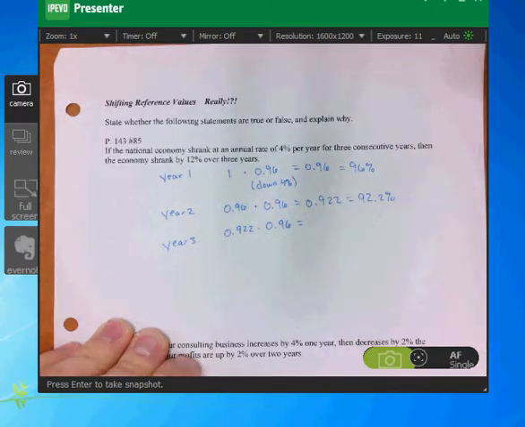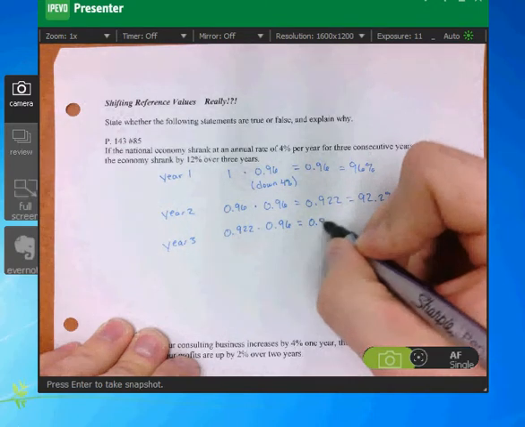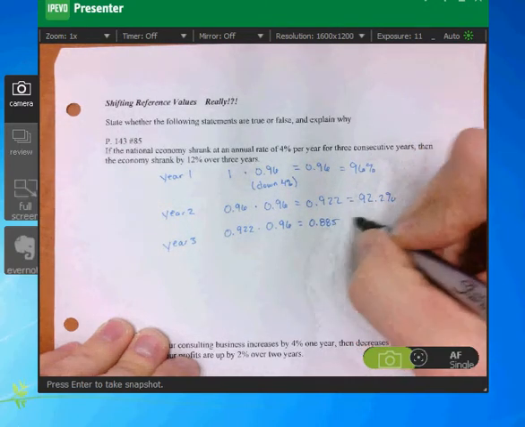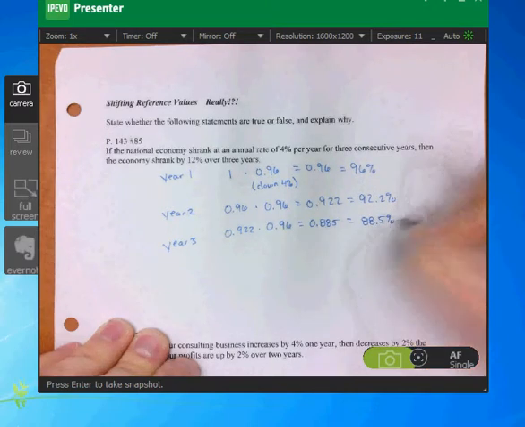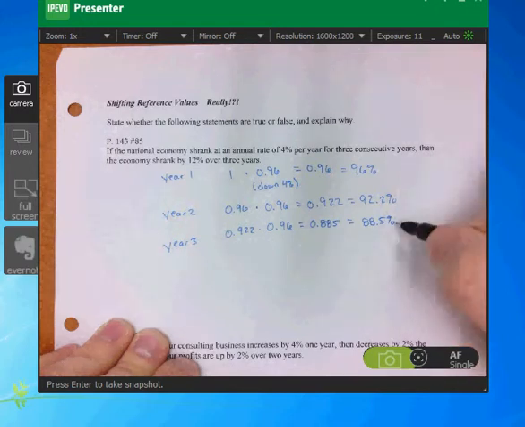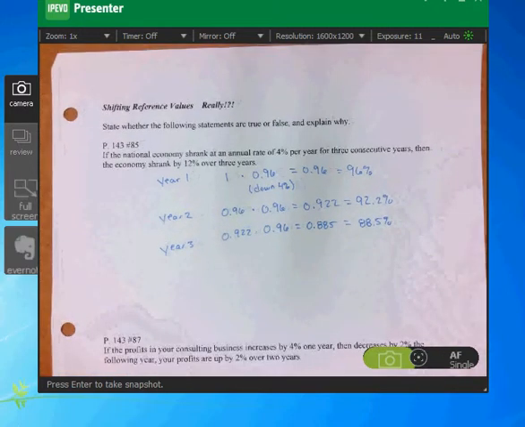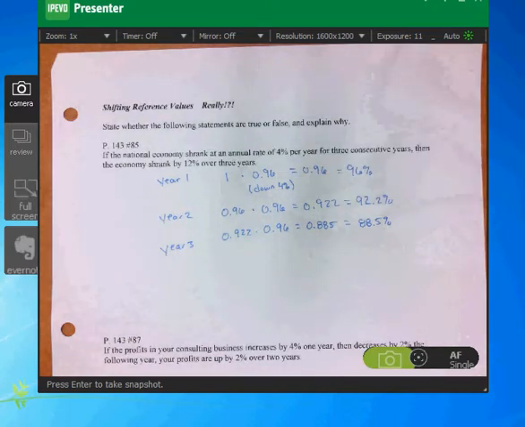So I times it by 0.96, and that is going to give me a total of 0.885, or 88.5%. Okay, so what we were basically saying at the beginning was that over the 3 years we should shrink 12%. So let's see how accurate that is.